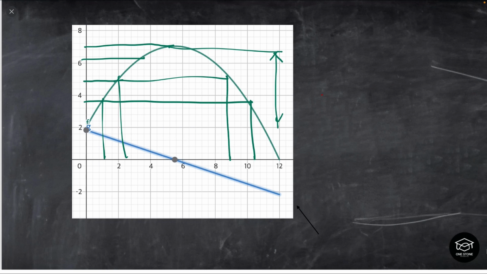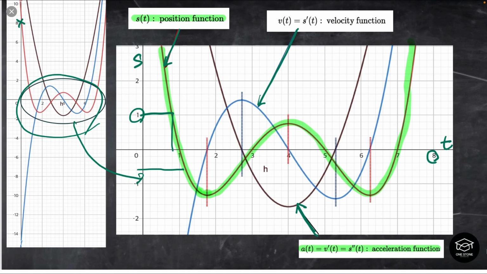Ultimately, we must always interpret the position function graph in the context of the problem. If the situation describes a shell fired from a cannon, then the curve represents the height of the shell above the ground. Now, let's return to the original function.